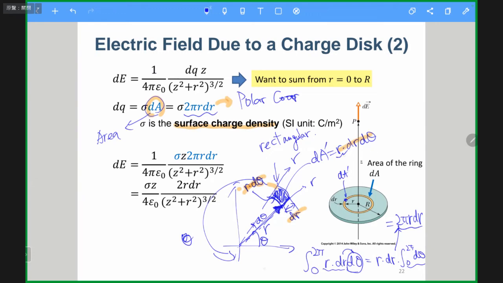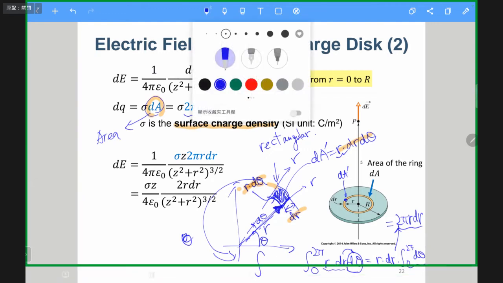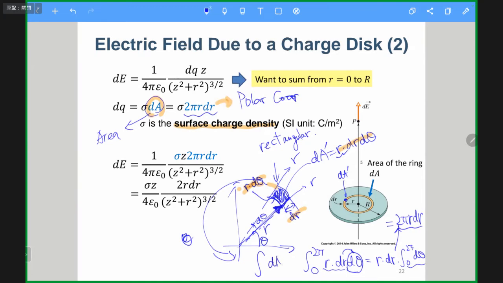Okay, so the integration of dA prime over d theta from 0 to 2 pi will be this one, will be dA.